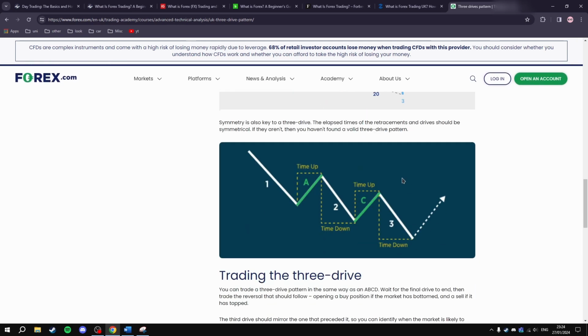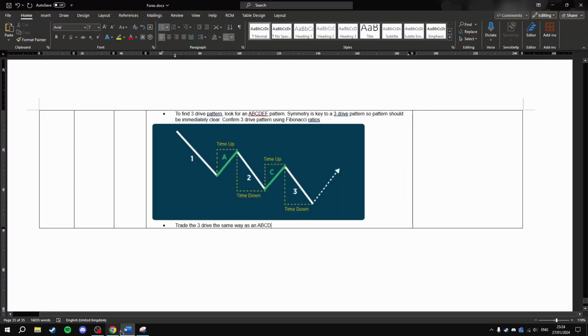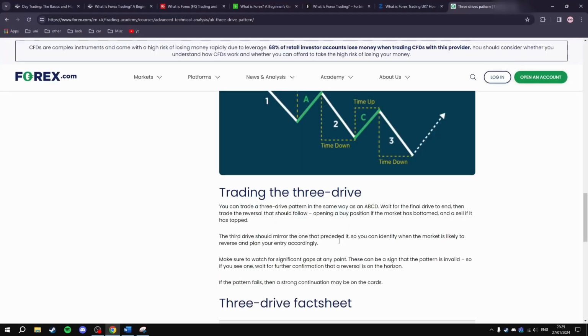Right, I see. So, in the same way as A, B, C, D, wait for this final drive to end, then trade the reversal that should follow.